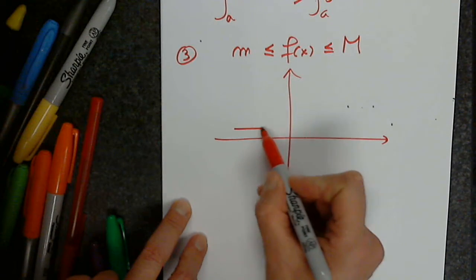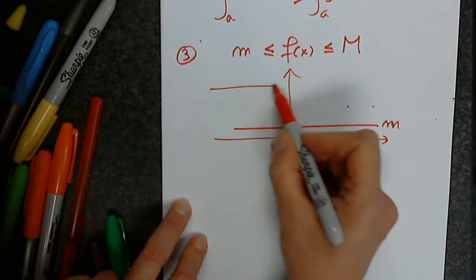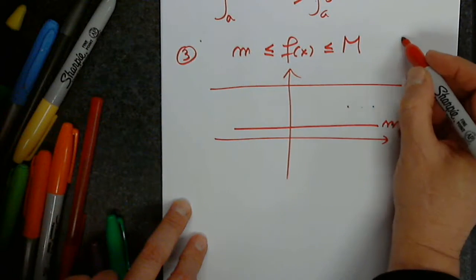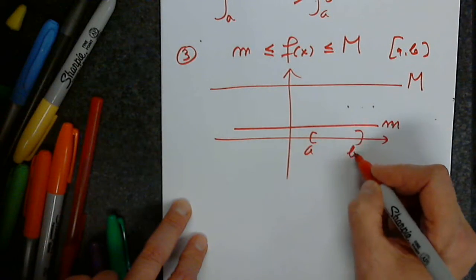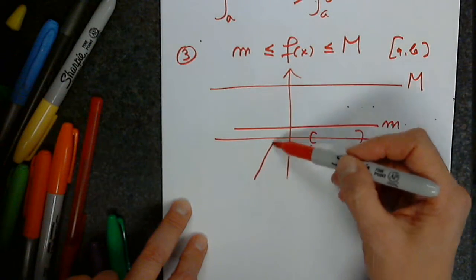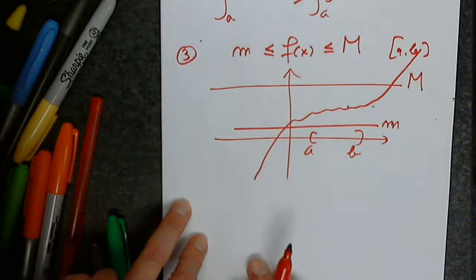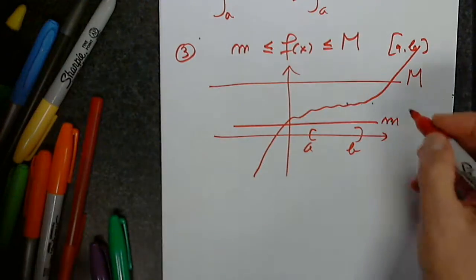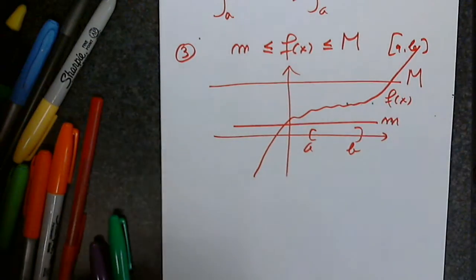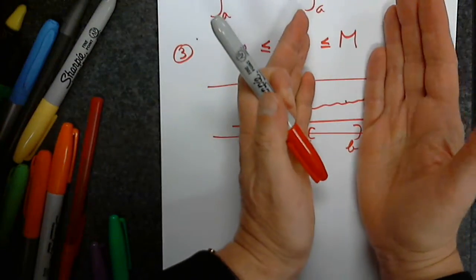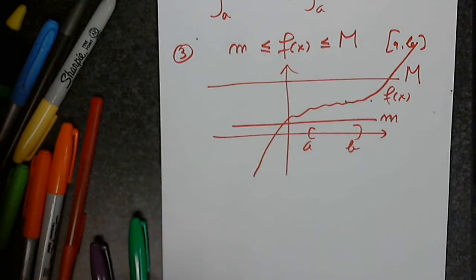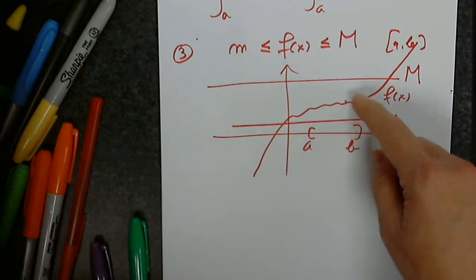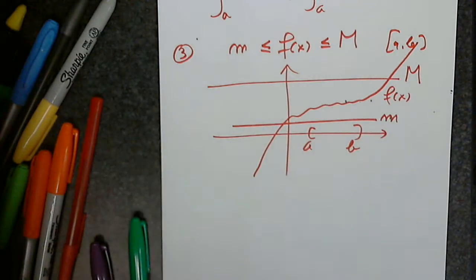Let's say this is little m, let's say this is capital M, of course, on the interval a comma b. Here's the interval a comma b. And I have this function, which is f of x. Knowing that this is the interval a comma b, can I write this relationship on the interval a comma b, that the function is between m and M?